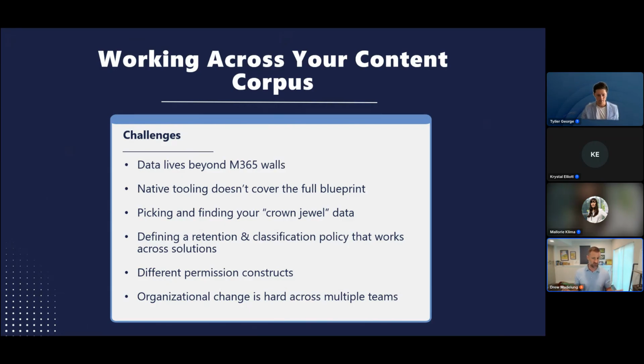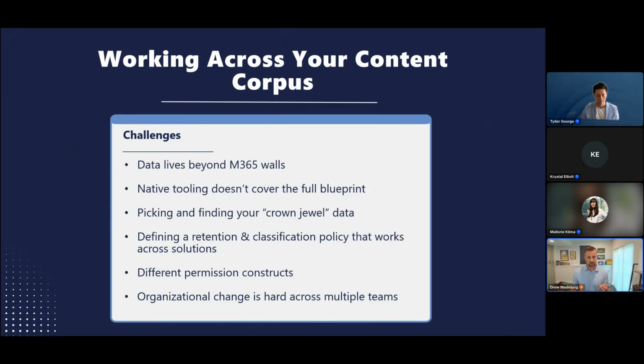Or how do we find what crown jewel data really means if we're going cross location? And it's interesting as we work in these different content corpuses and content locations that there are different permissions in different areas too. The way ServiceNow does permissions is different than the way SharePoint does permissions. It's different than the way Google does permissions. And that all needs to be brought together when we're thinking about the blueprint that we're working with.